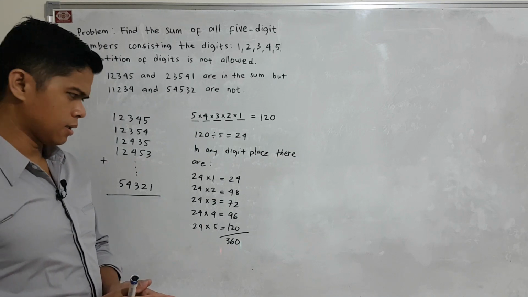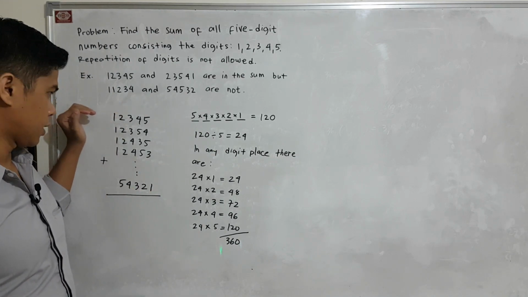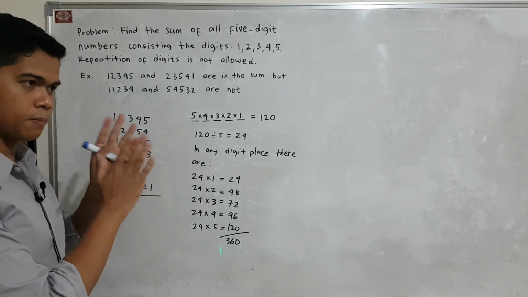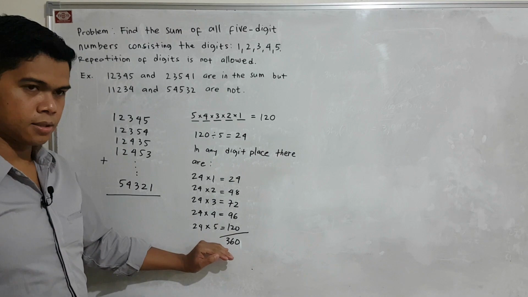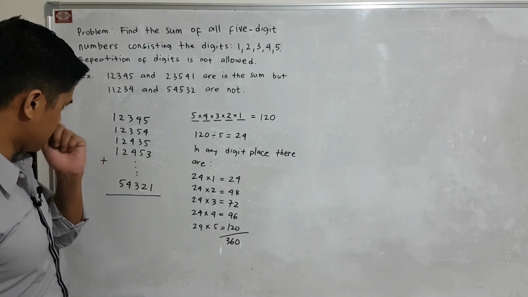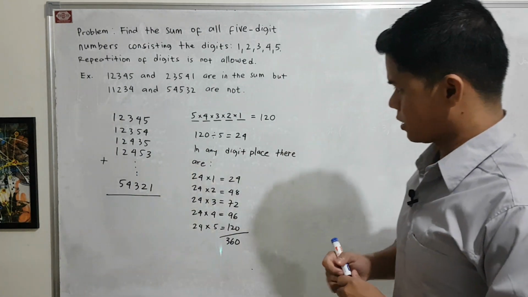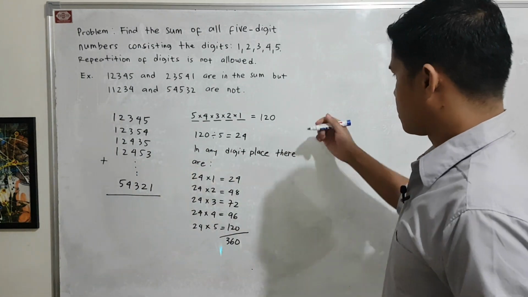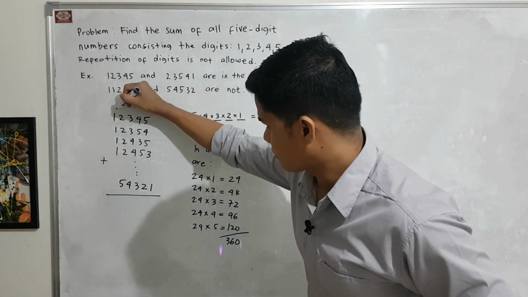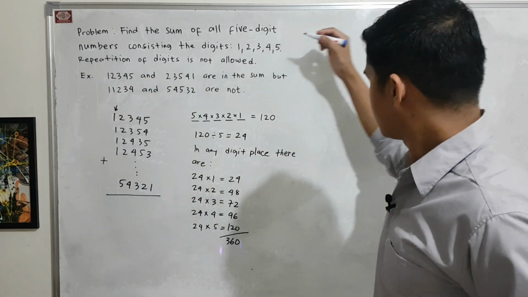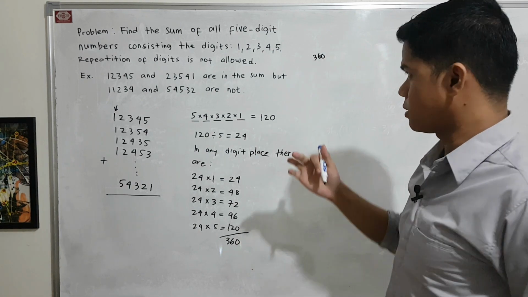This implies that if you only look at a particular place, the sum is always 360. That means in the 10,000's place, there are 360 ten-thousands. In the 10,000's place, we're referring to the first digit, right? So there are 360 ten-thousands.